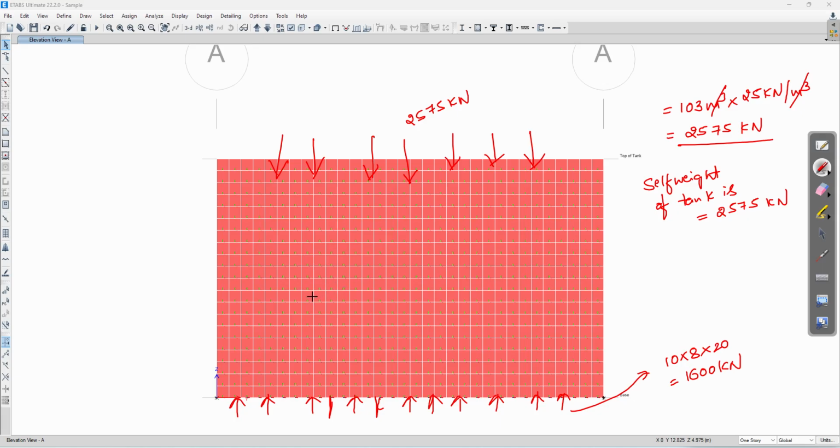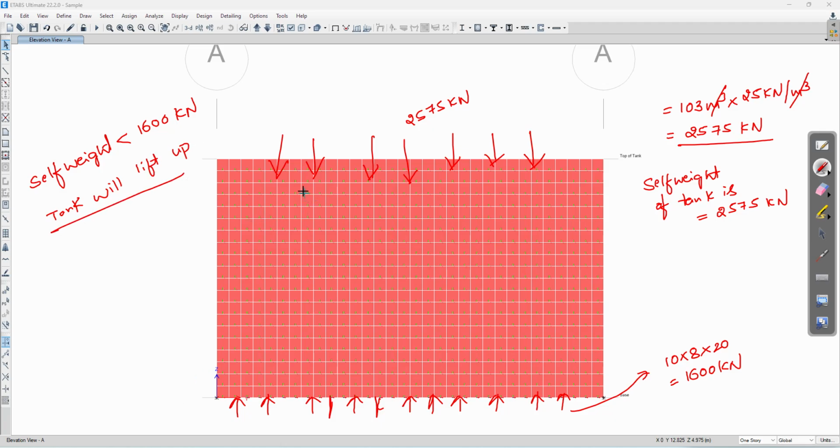So next, if your self weight of tank is less than 1600 kilonewton, then the tank will lift up.